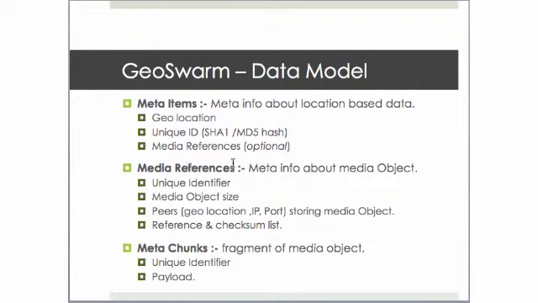The media references are meta information about the media object. Media references point to media chunks, and media chunks together form a media object. The media references contain a unique identifier, the media object size, and the peers list, that is, the list of peers storing the media object. This includes the geolocation, the IP, and the port.